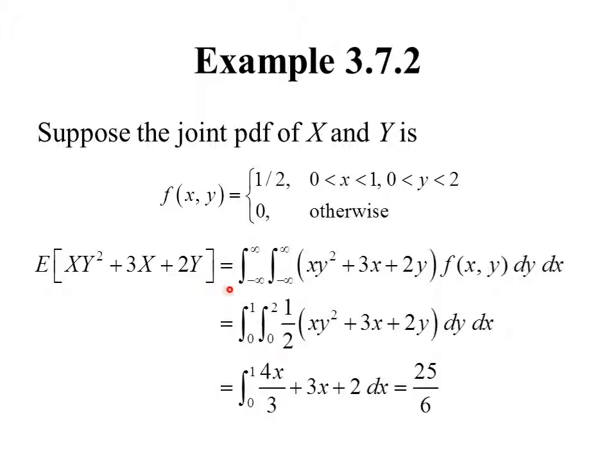And so by definition, we're going to take that function times the joint PDF and integrate over all values of x and y. Well, in this case, our PDF is 1/2 only for x between 0 and 1 and y between 0 and 2. So we only need to integrate over this range of x and y, and then we integrate that using standard calculus 3 techniques, and there's our expected value.